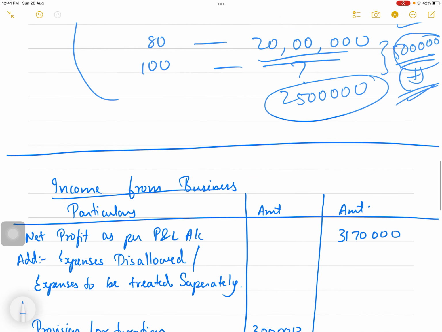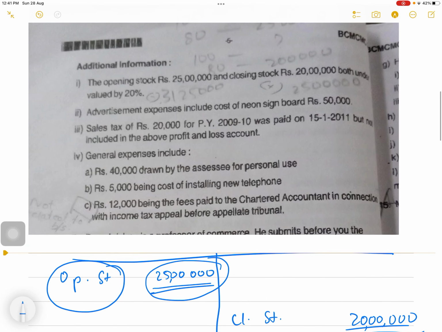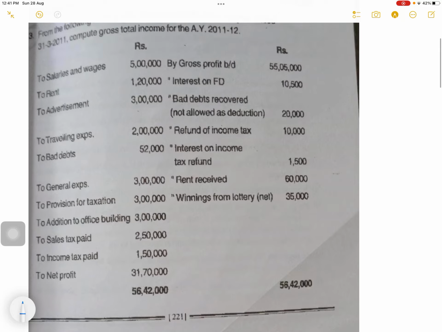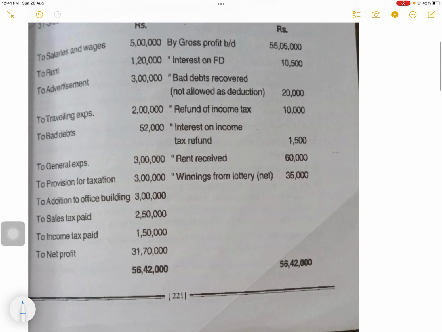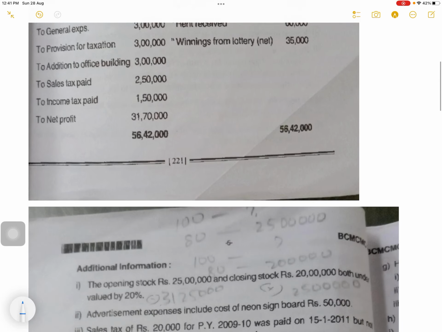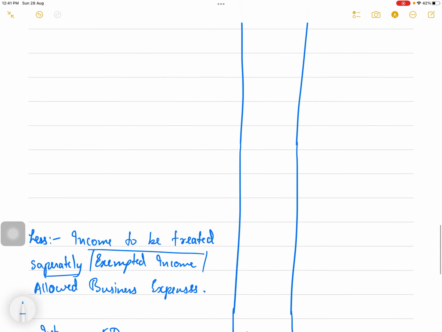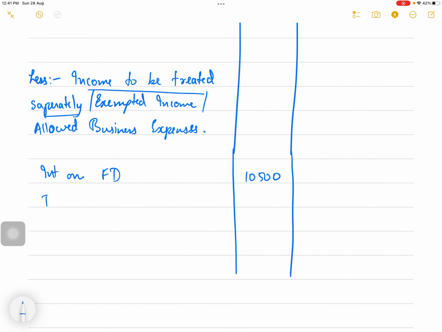Income from other sources, I'll do it later. Bad debts recovered, disallowed earlier, 20,000. This also you will subtract.